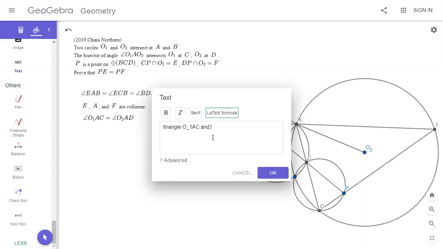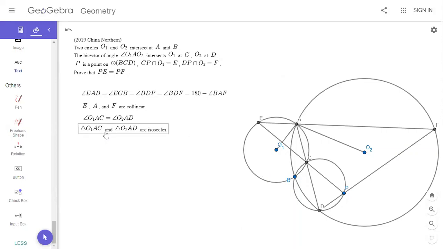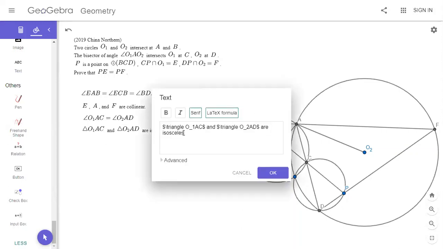All right, so O1AC and O2AD are isosceles, and thus similar.